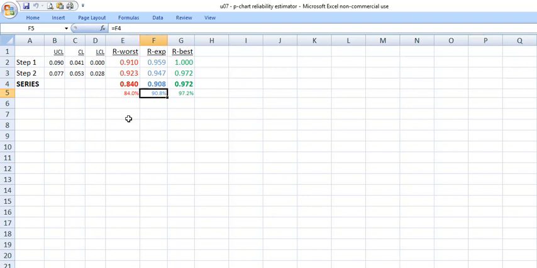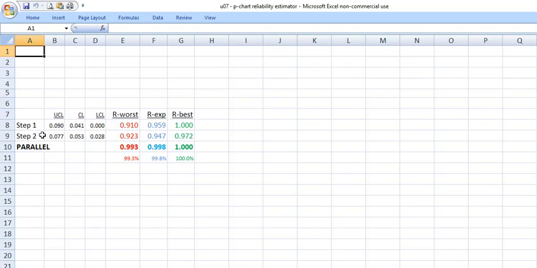So if I tell my management only the 90.8% point estimate and they plan accordingly, standard variation in statistics tells us that half the time our data will fall below that mean. I want to be careful how I use that data. I could repeat that same calculation, take the same control limit data, the same reliability-based data, but do a calculation for parallel processes.